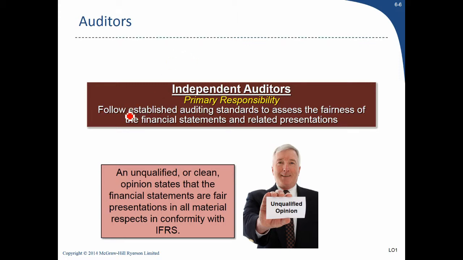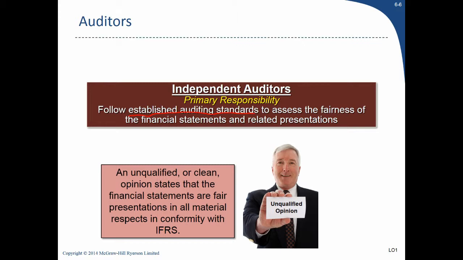Okay, so the independent auditors follow established auditing standards. So there's an entire area of practice devoted to how do you determine that a balance is accurate. Again, imagine you're going into some of these companies that have literally millions of transactions and 100 subsidiaries, and they're global.